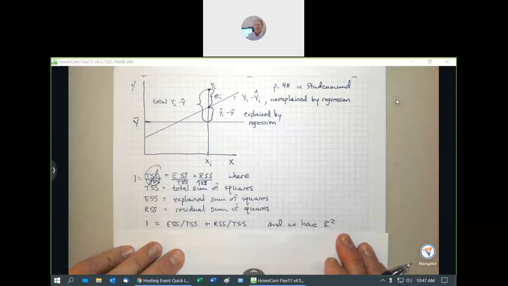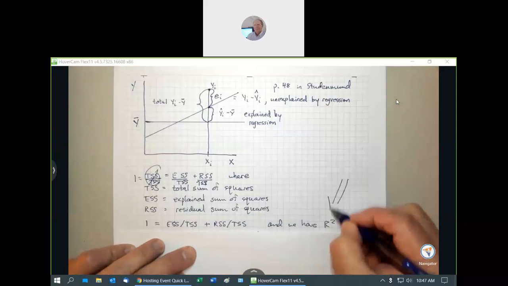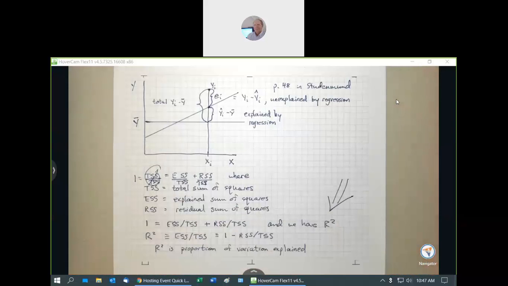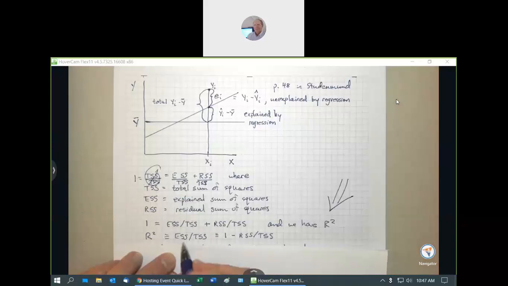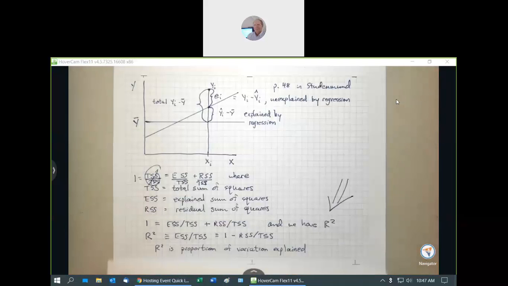And we've actually got R squared. Yeah, the thing we were looking at. Because R squared is equal to the explained sum of squares over the total sum of squares. The proportion of the variation explained. That's what we were looking for. It's the same as 1 minus the unexplained proportion of variation, which is RSS over TSS.